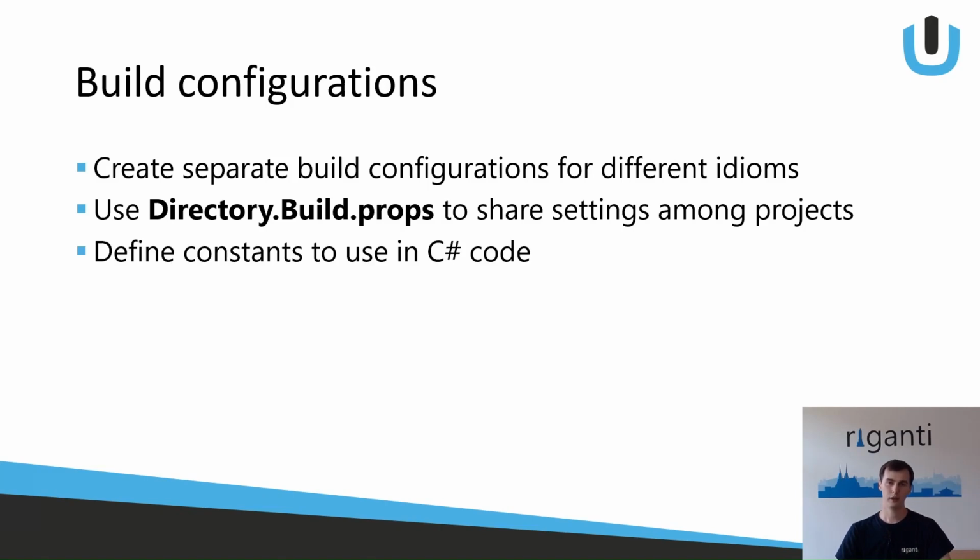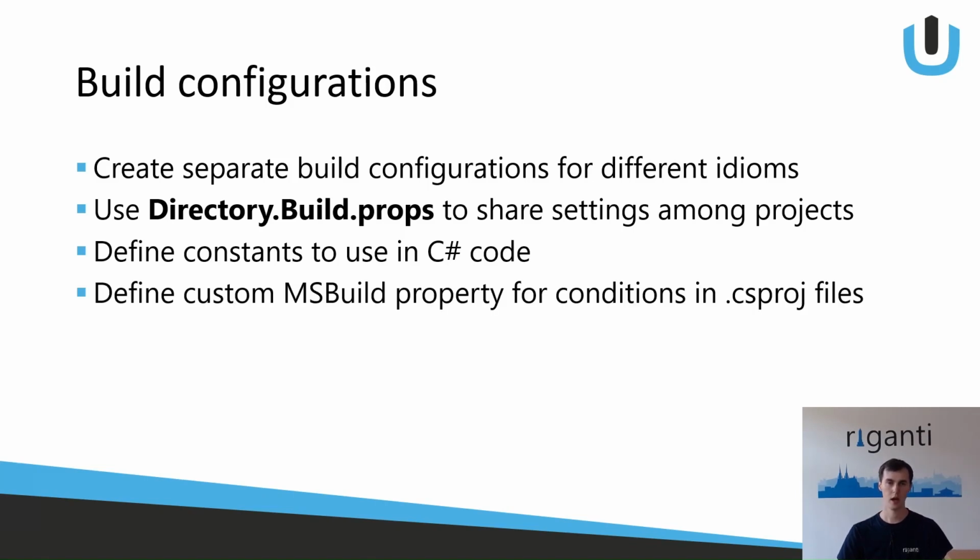And you can define some stuff inside of the directory build props file to make your life easier. You can define constants to use them in C# code, to use them as if conditions or the compiler conditions, and you can define an MS-build property for conditions in the CS project files.